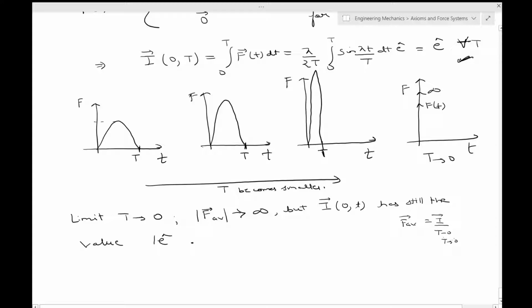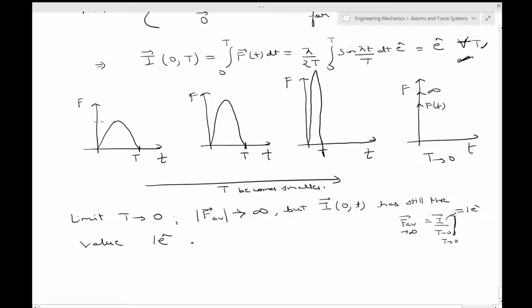So since T tends to 0, this entire thing should tend to infinity, and hence this tends to infinity, but this will still be equal to 1, because this result is independent.